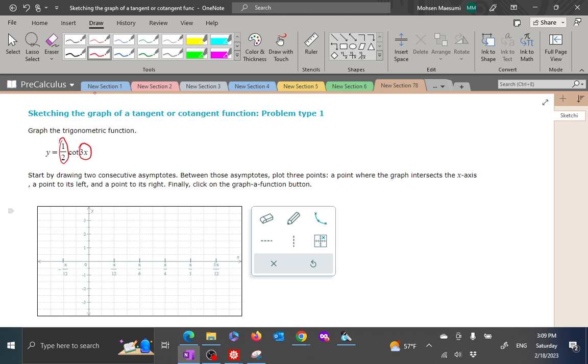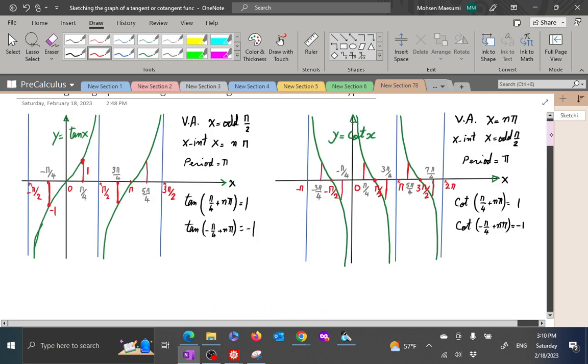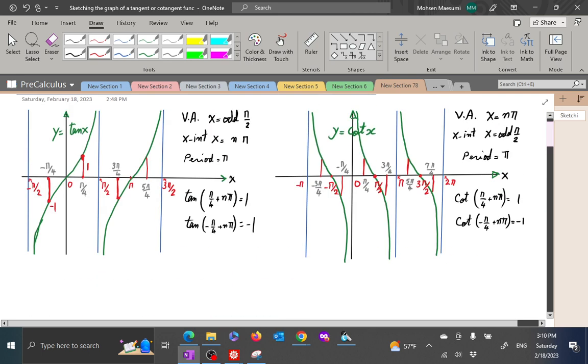Now tangent and cotangent, we notice that they're kind of featureless, slippery curves. They don't have as many easy points to handle like sine and cosine, which had the maximum and minimum. If you notice, in each of these blocks the curve simply just goes up, and for cotangent it just comes down.